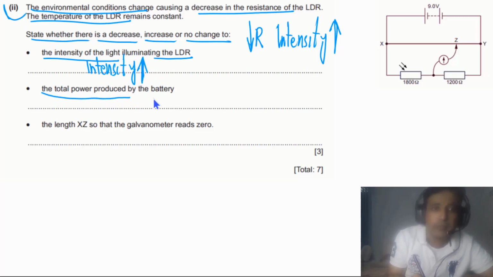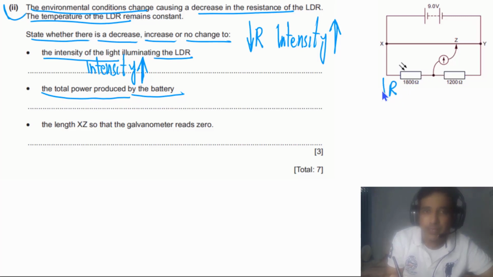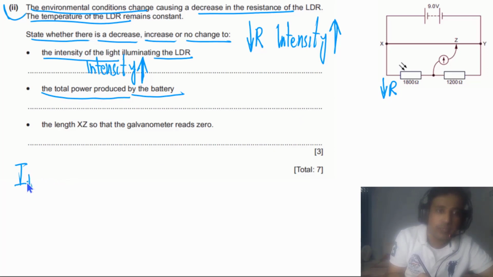The total power produced by the battery. Now in this case resistance of the LDR decreases, so it means the total resistance of the circuit decreases. So we can say I total is equal to 9.0 divided by total resistance. As total resistance of the circuit decreases, current will increase.